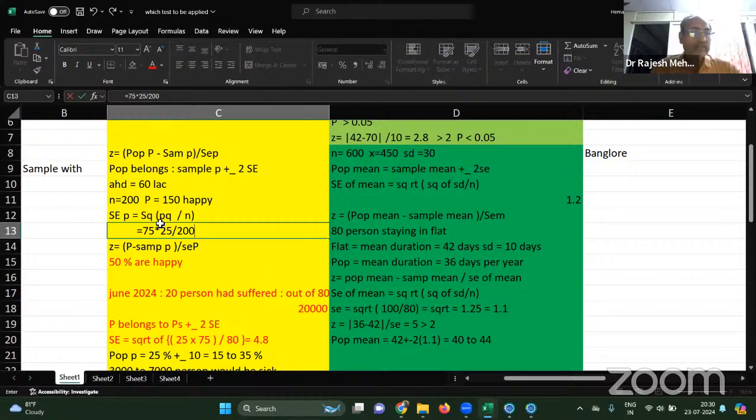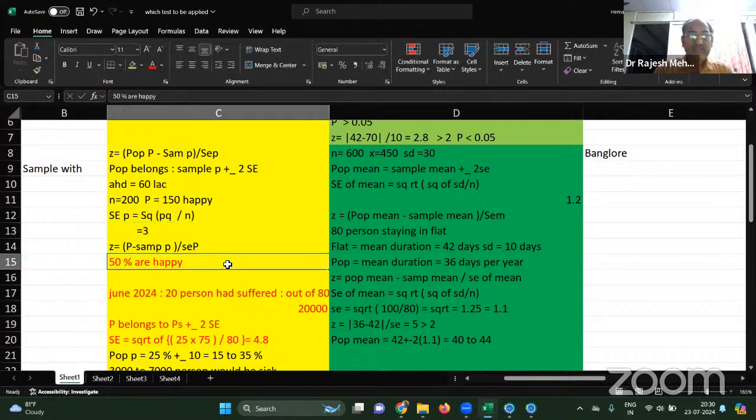So let us do that calculation. So something like 9.3, and take a root of it. So it will be almost 3. The standard error of proportion is 3.